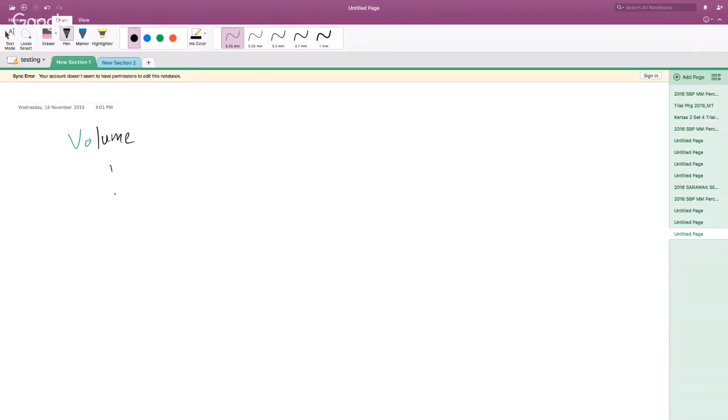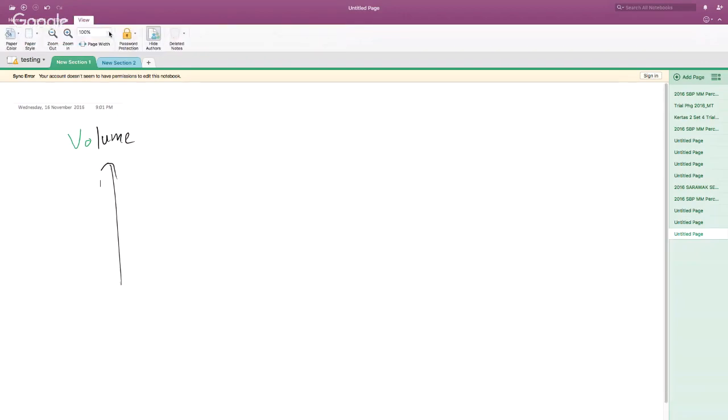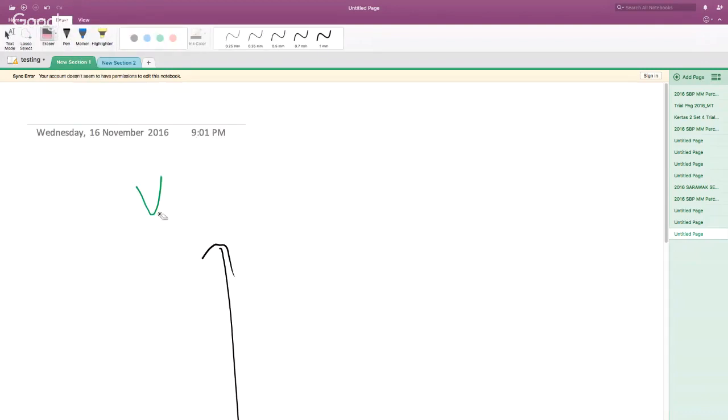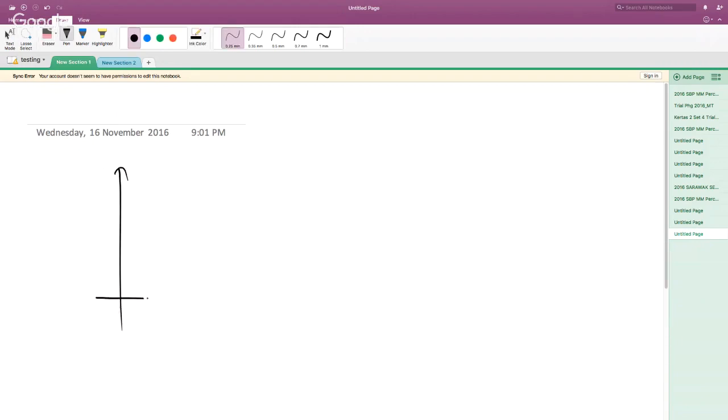Let me zoom in to 200%, then I have more space. On integration, there are some parts you have to understand.